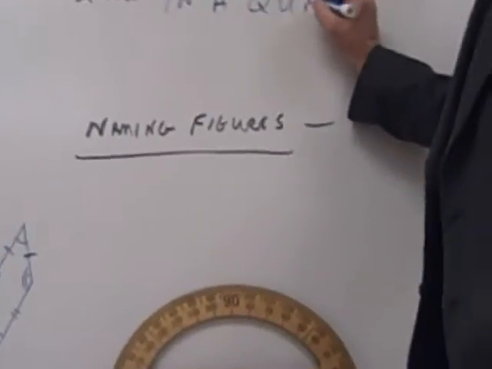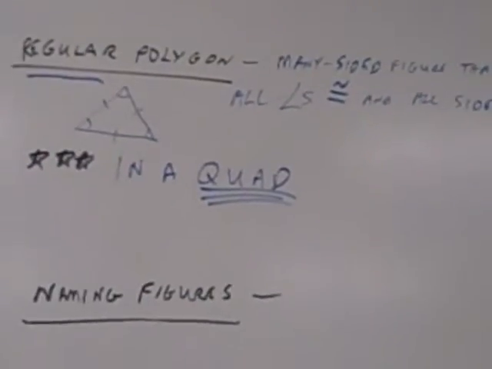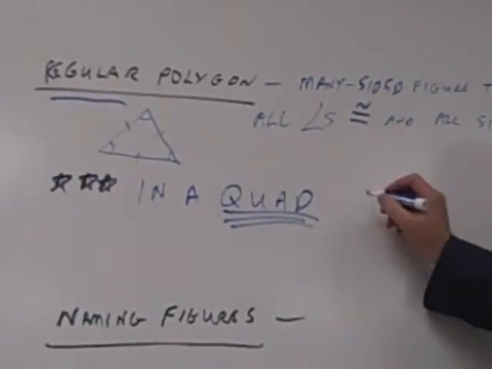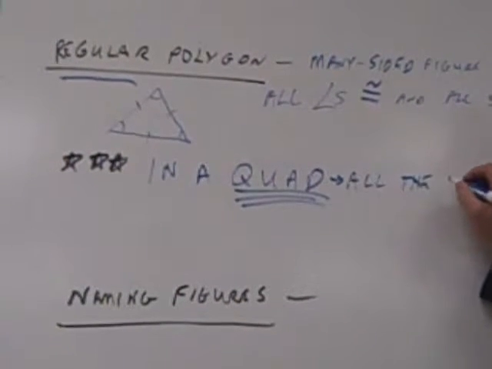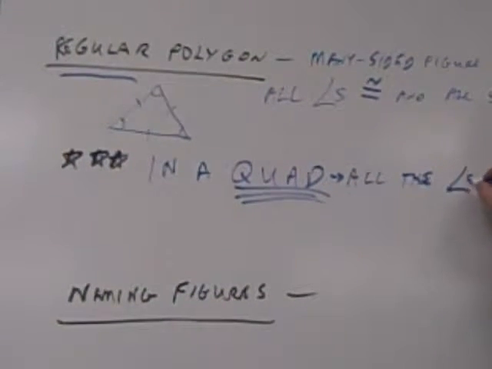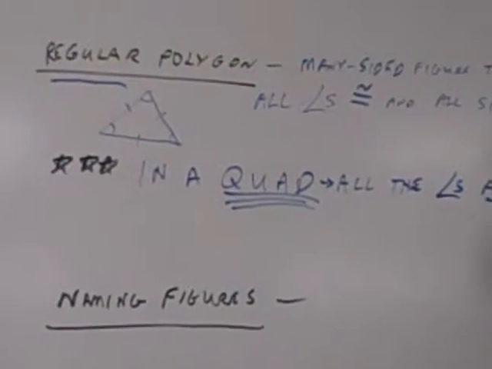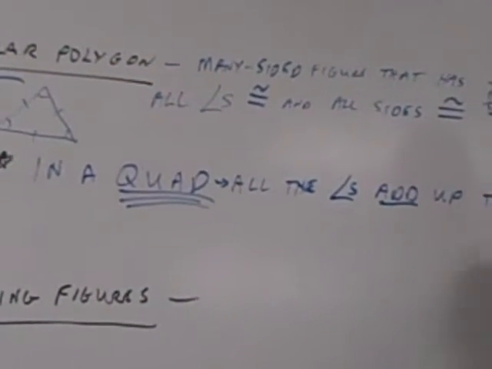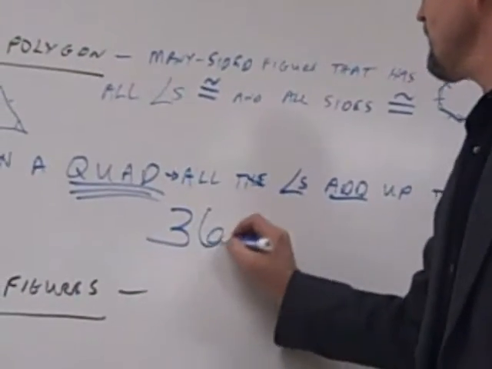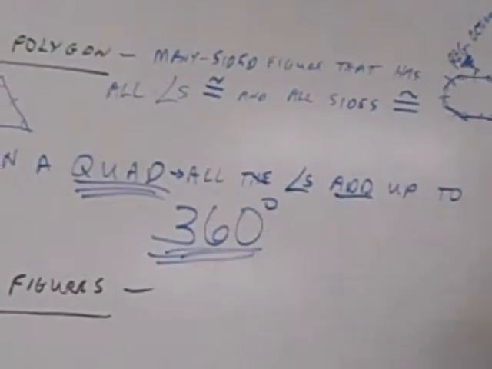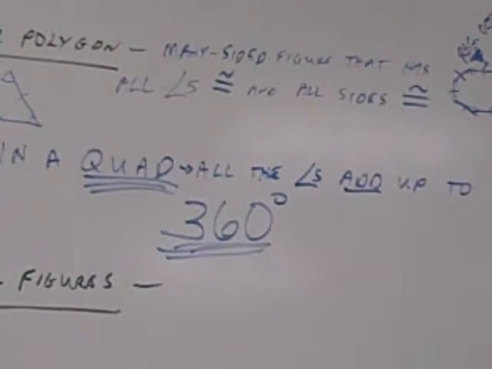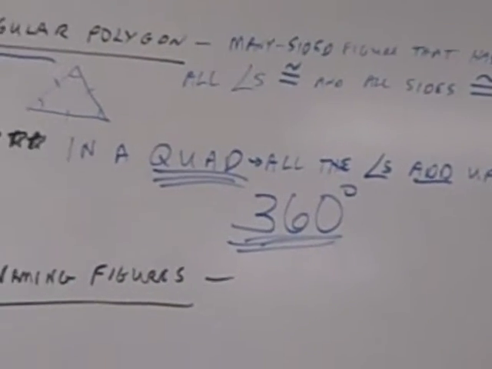In a quad. What's that? Quadrilateral. All the angles add up to 360.